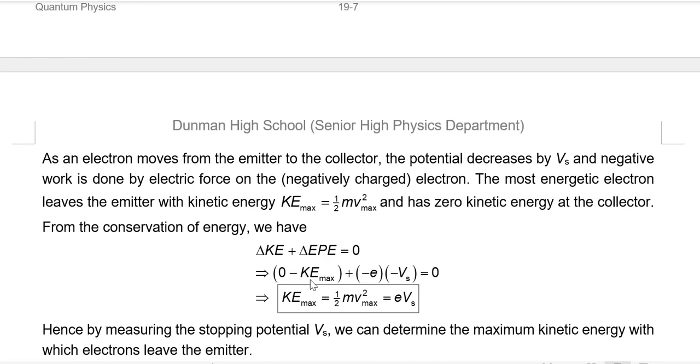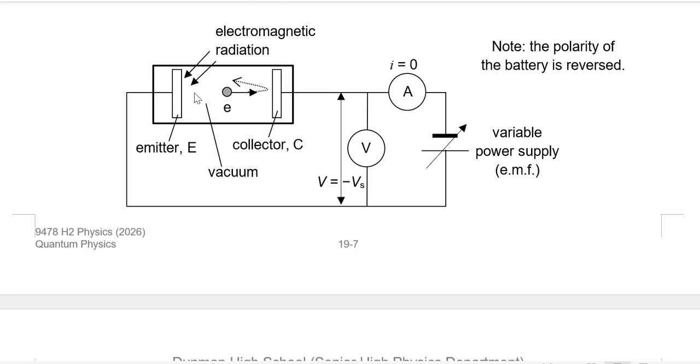That means I can take the maximum KE of the electron to be equal to eVs, because this is the loss in KE of the electron, and this is the gain in EPE of the electron as I go from here to here. Just here, my potential difference causes my electron to stop just before it reaches the collector.